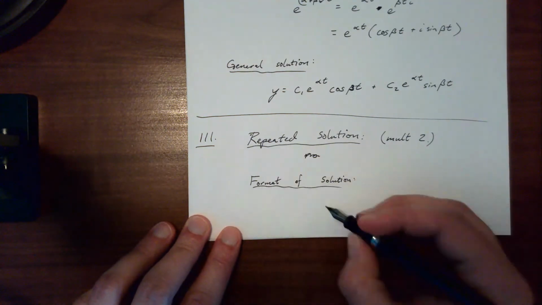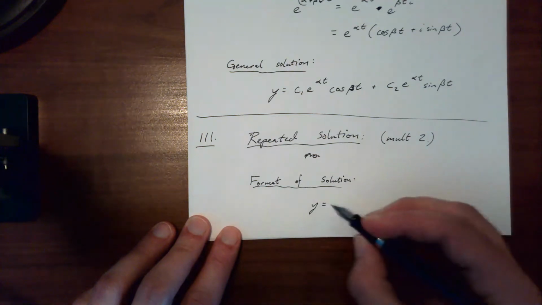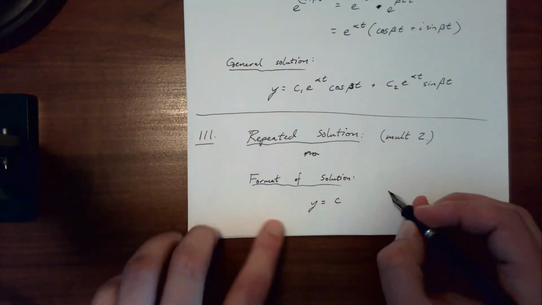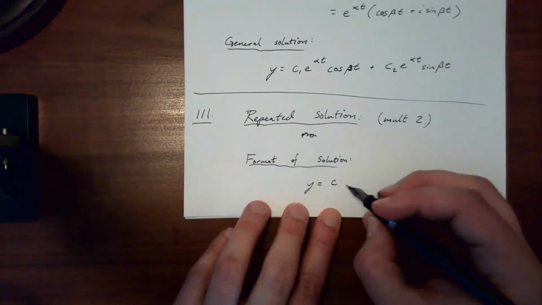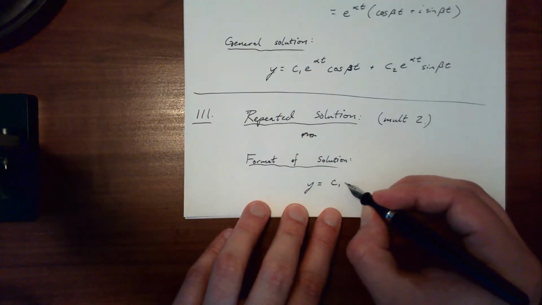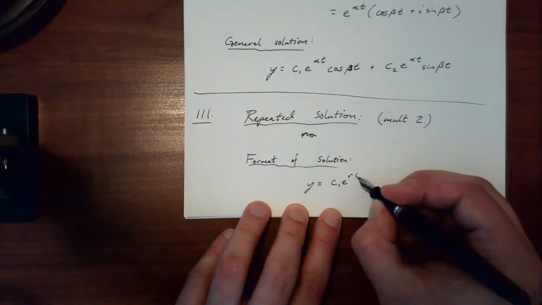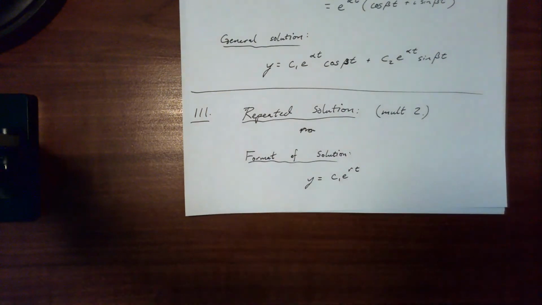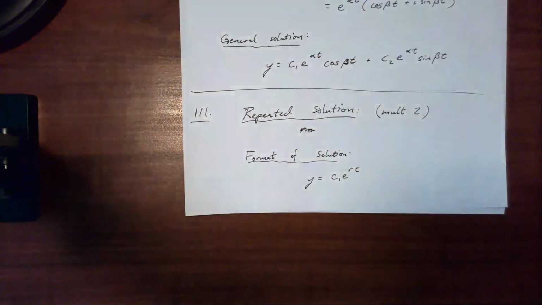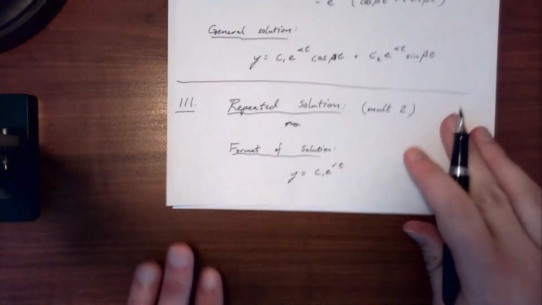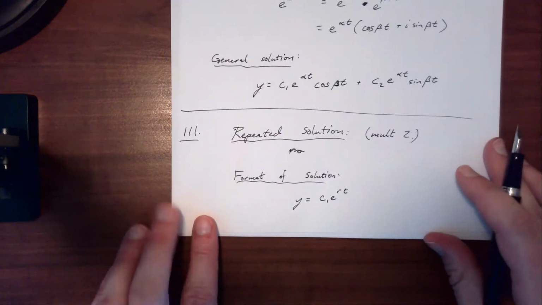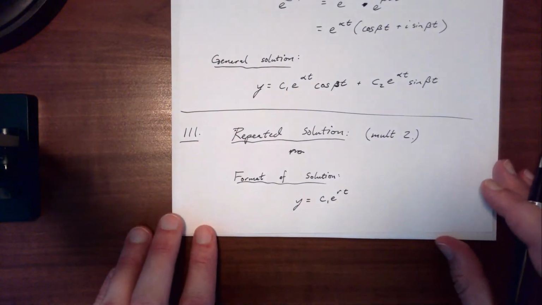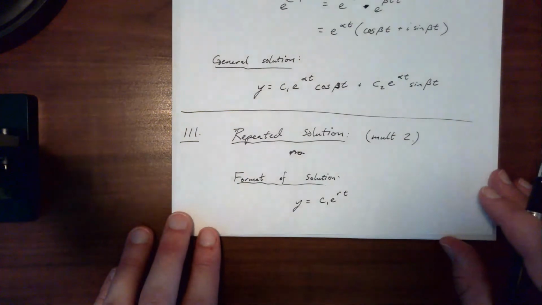So we can make one branch of the solutions for free by just using what we have already been doing. If r is a solution to the characteristic equation, then this will be a solution to the differential equation. There's nothing out of the ordinary about this term.